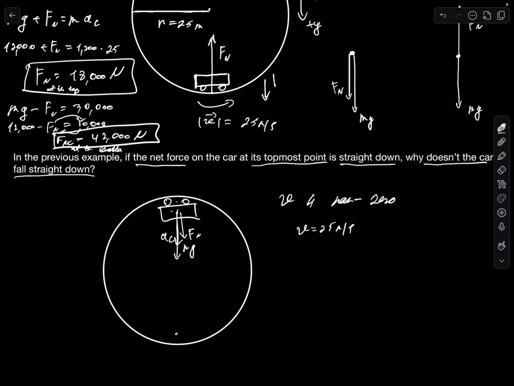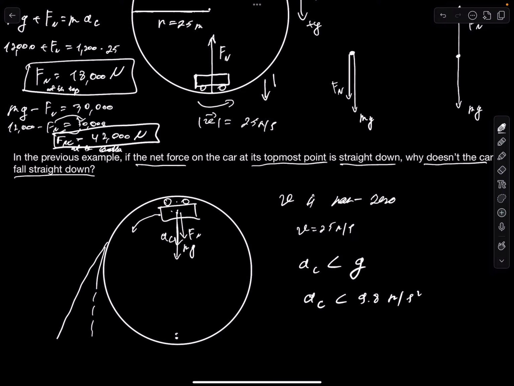And one more thing, if the centripetal acceleration is less than the gravitational acceleration, 9.8 meters per second squared, then the car wouldn't necessarily fall straight on the ground, but it would go off its circular path. So it could just fall right there, or right there.